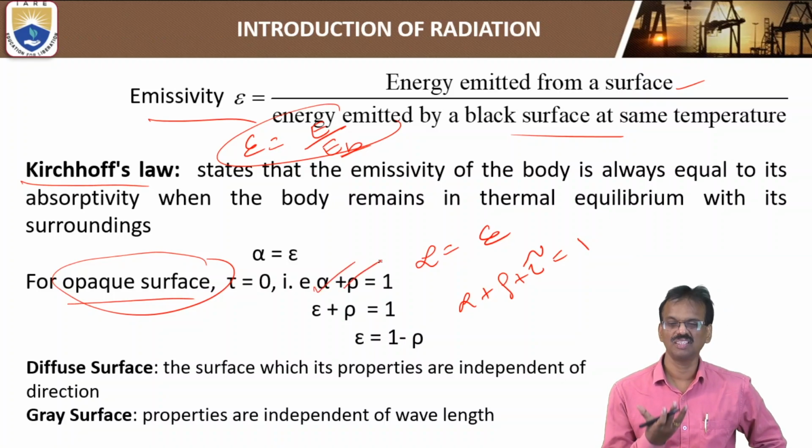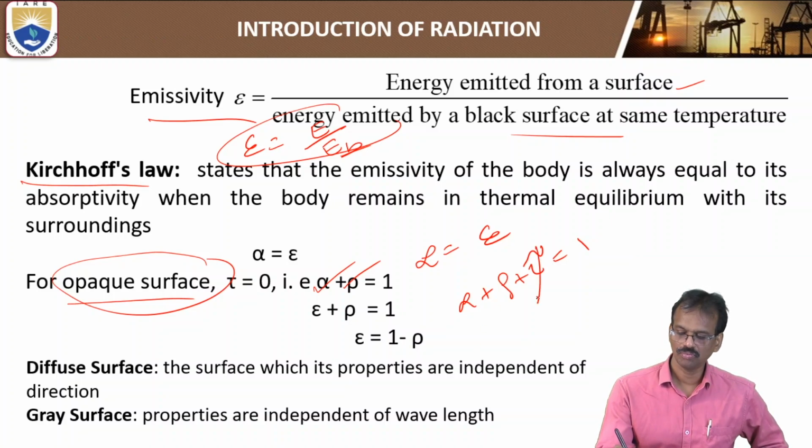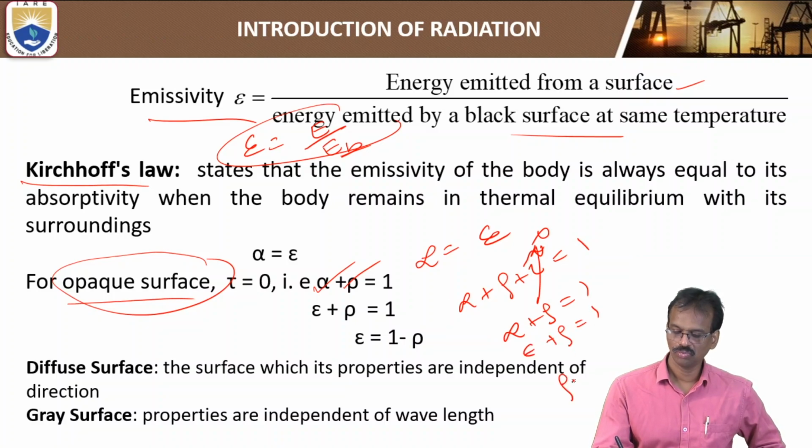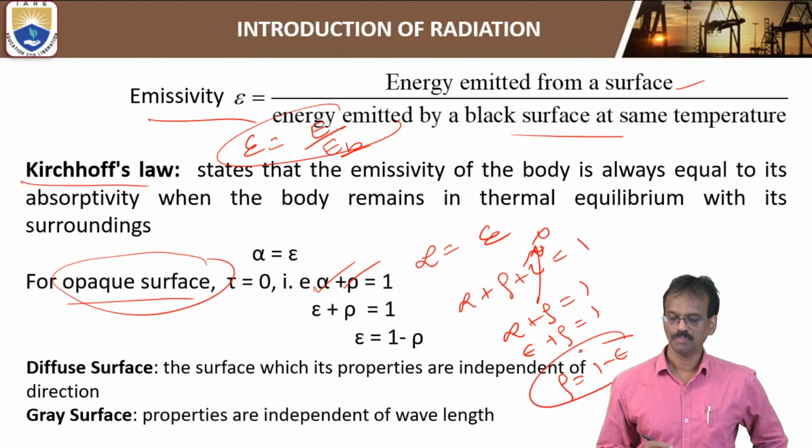We can't see any transmission of energy, so tau is equal to 0. Alpha plus rho is equal to 1. According to Kirchhoff's law, alpha is equal to emissivity, so emissivity plus rho is equal to 1. Then rho is equal to 1 minus emissivity. So the absorption rate is equal to emissivity, and the reflection rate is equal to 1 minus emissivity.